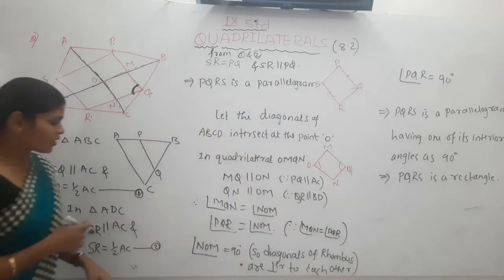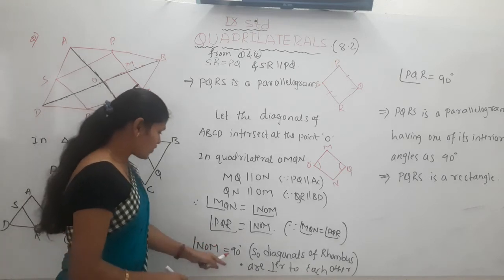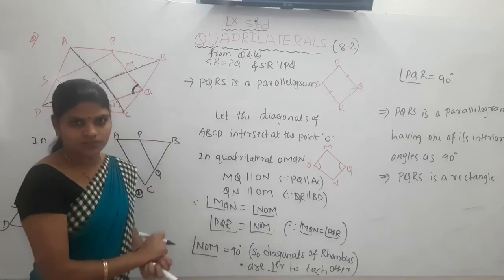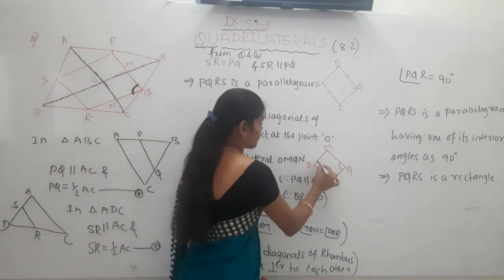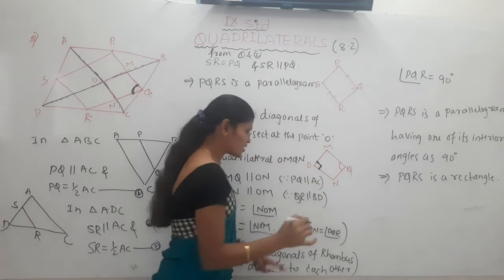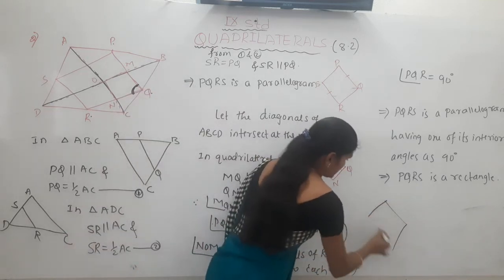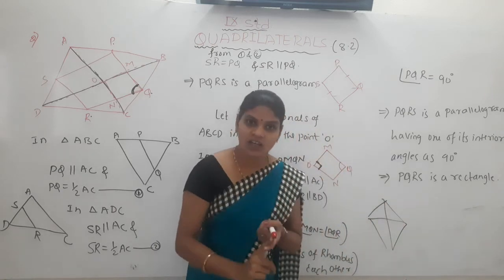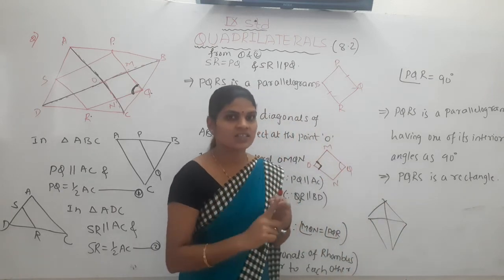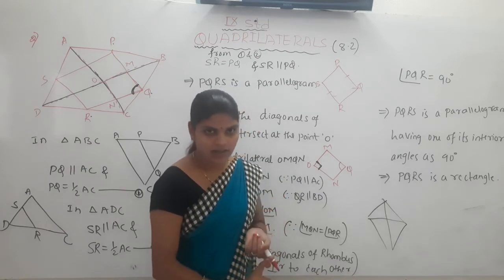Now we get angle NOM as 90 degrees. Why? Because in a rhombus, the diagonals intersect each other perpendicularly.